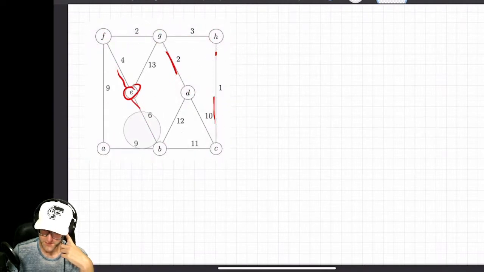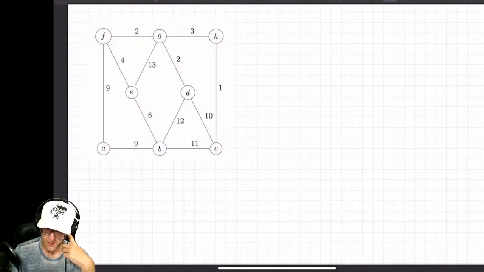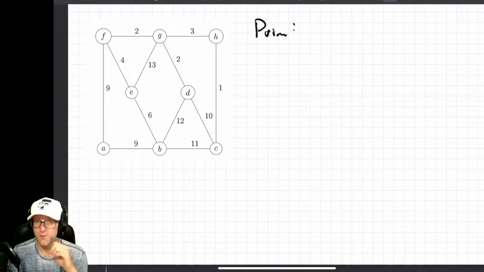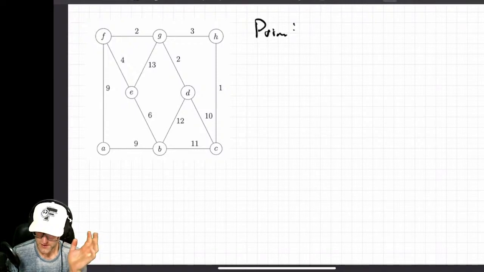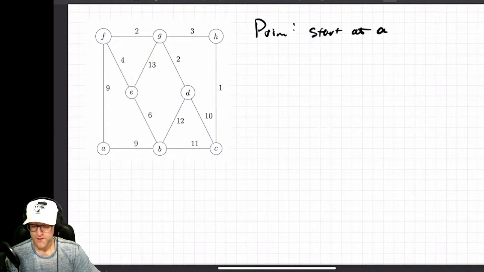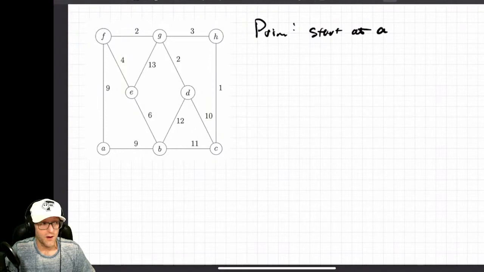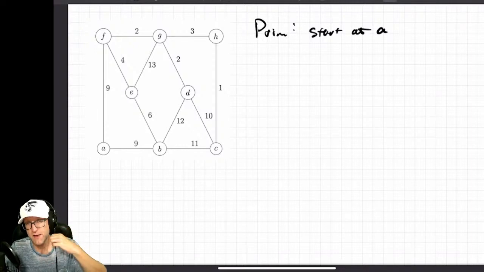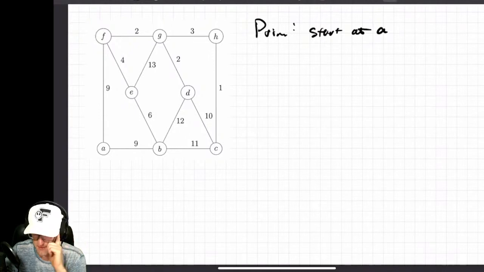Let's do Prim's. Remember, Prim, we don't have disconnected components. We start at a vertex. We'll start at A. And then you always expand out greedily by choosing the next fringe edge, or an edge connecting the tree to a fringe vertex, and you're always greedy about it.